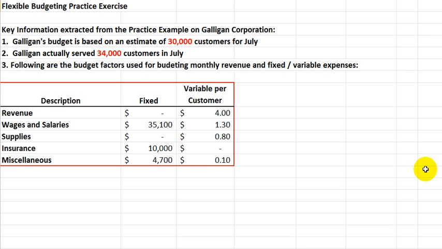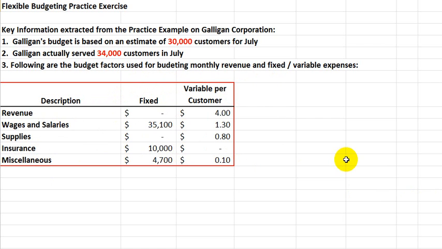In the information that was provided to you, they gave the following information relative to the revenue and expenses, both fixed and variable per customer, and these are the amounts that were used to put their original budget together, both for fixed and for variable.